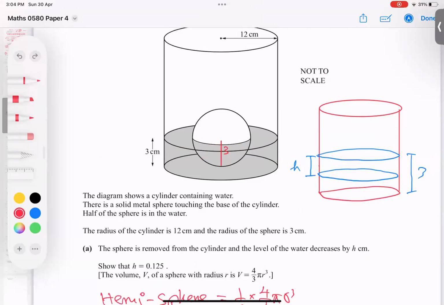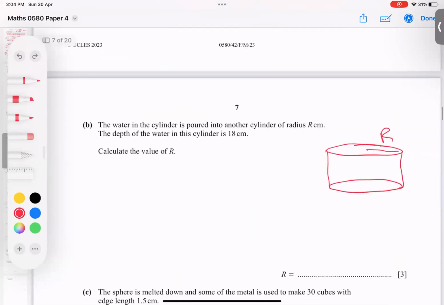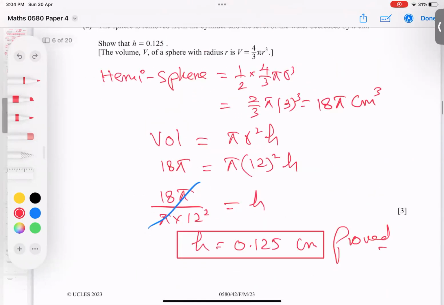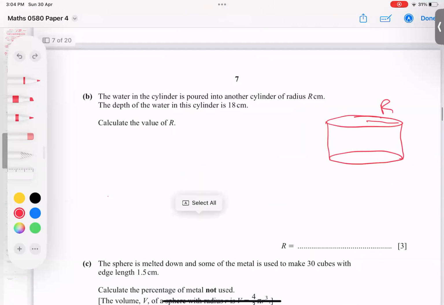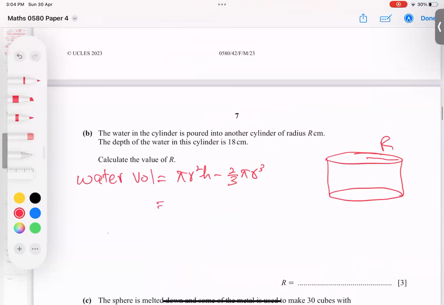If I need the pure water volume, from the cylinder volume I subtract the hemisphere. So I'm writing the water volume here: pi r squared into h minus 2/3 pi r cubed. Radius is 12, height is 3.